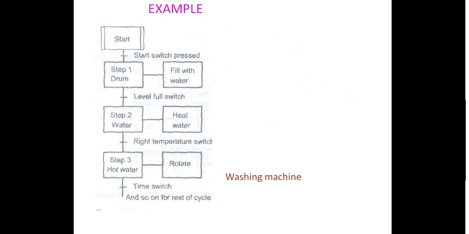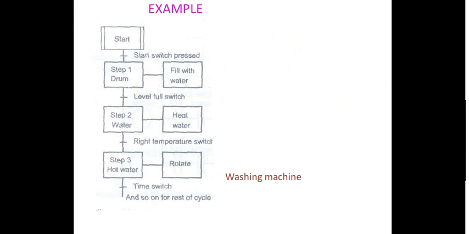All the operations here, if they are to follow a particular sequence, then it is possible for us to draw the sequential function chart. Okay, I hope this is understood by you, and now we will try to see some of the possibilities that you can have in the sequential function charts, or the operations which are required to be conducted in a sequential manner.